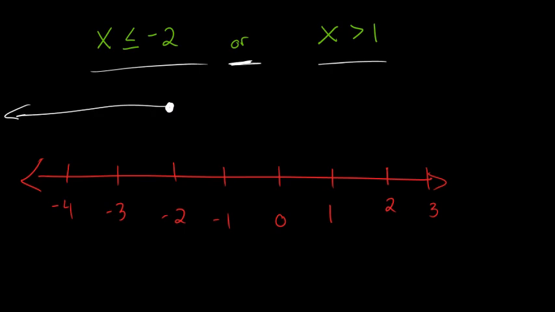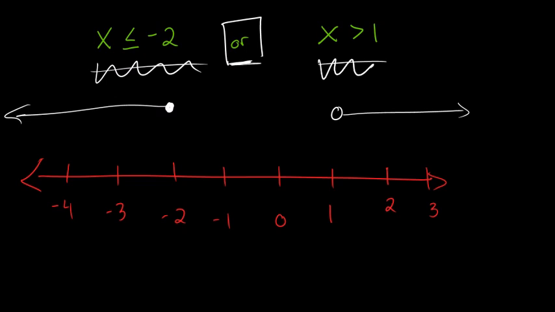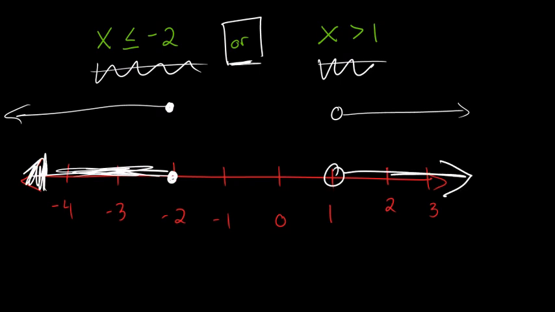Or x is greater than 1, so open circle at 1. Since it could be on this line or this line, I need to keep my options open and plot both of those parts. So it's going to look like this. I do suggest that you sketch it above and then draw your final answer below.